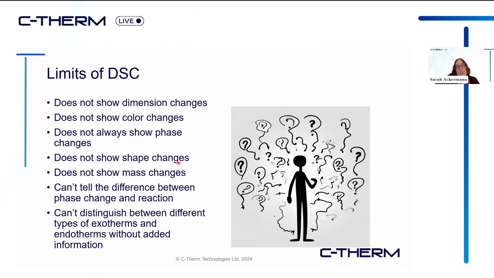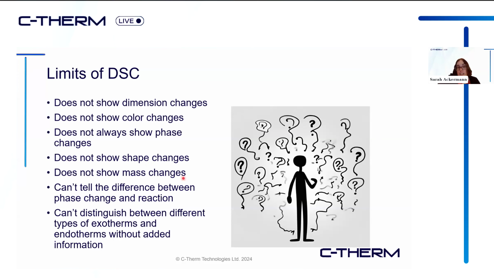Likewise, it doesn't really show shape changes. So if the sample is contracting with temperature, for example, that wouldn't necessarily be visible on DSC, although the friction caused by sample motion can sometimes show up on DSC, and DSC might not be able to tell the difference between friction from sample motion and a really complicated thermal event occurring.